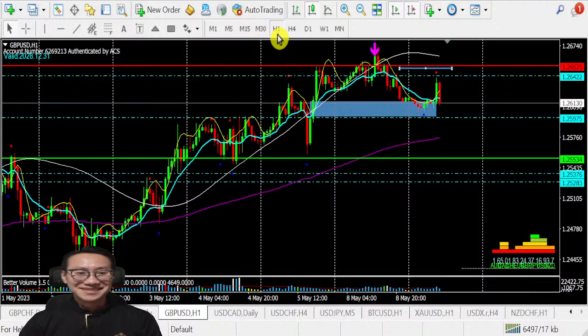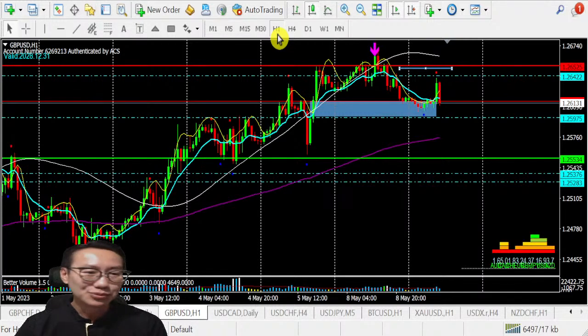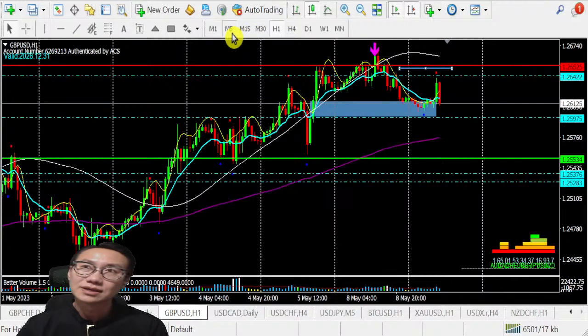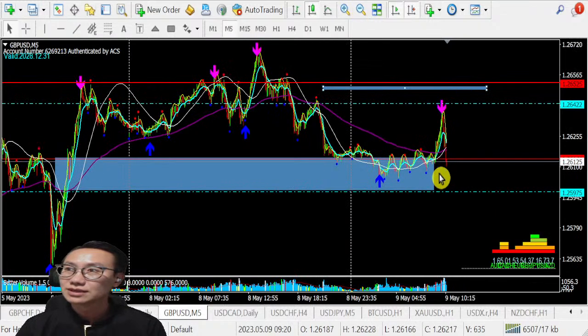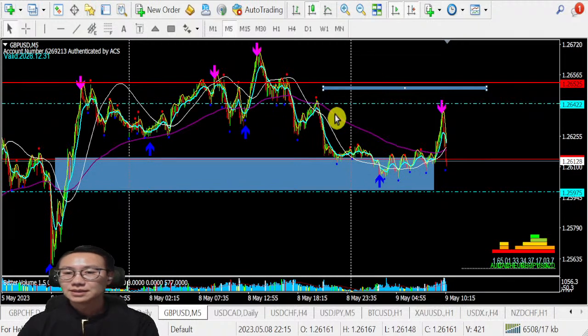By looking at this, it seems like still pretty good. If later on there's another round of selling, then maybe. Pound dollar may get support now around the middle of Asia.